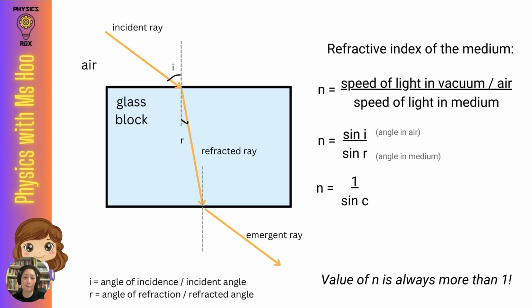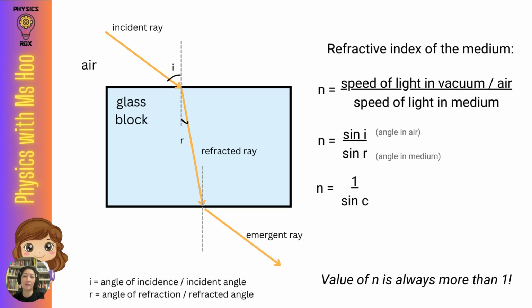And there's one more formula, which is n equals 1 over sine C, where C is the critical angle. However, I'm not going to go through the critical angle in this video, because this is actually under the subtopic of total internal reflection, and that is a whole other concept which will take another maybe 20 minutes to explain.